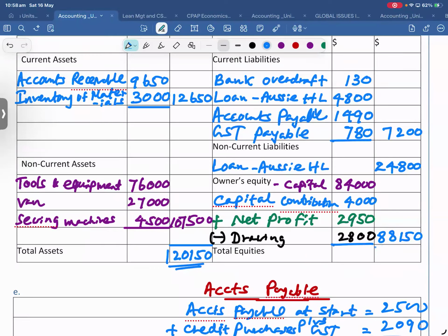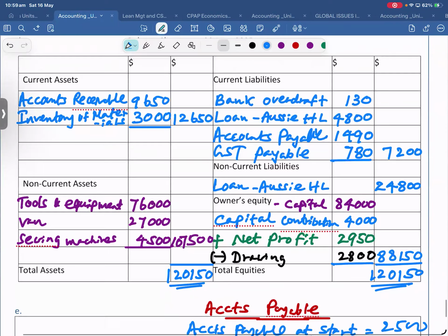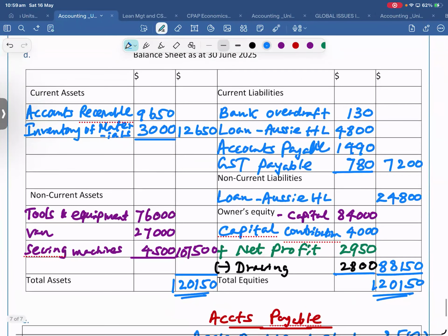Right, so let's add together. 120,150 balancing. If it is balancing, total assets equal to total equities, means we have done it correctly.